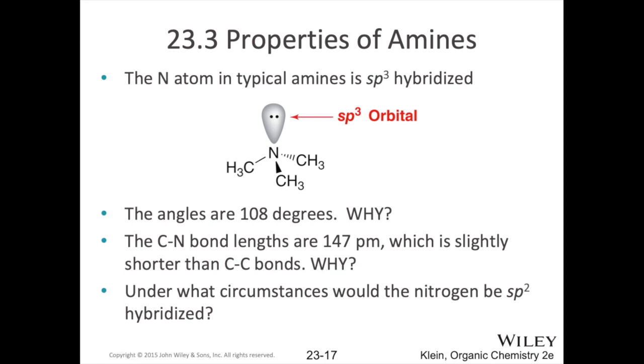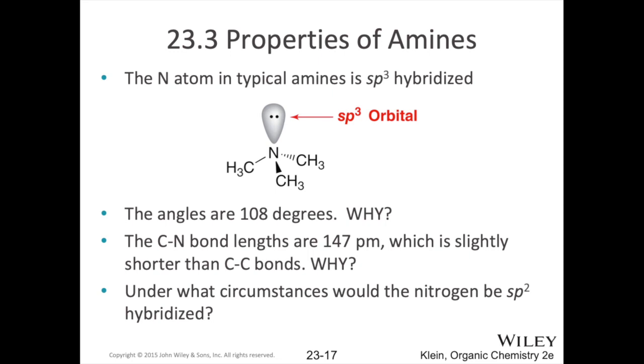Okay, so let's talk a little bit about the properties of amines. We have seen that that nitrogen is trigonal pyramidal. Thing to keep in mind here is we have an sp3 hybridized orbital with that lone pair housed in an sp3 orbital, and so as an sp3 hybridized atom, which has sort of tetrahedral geometry, if you're looking at electron pairs, that bond angle is somewhere in that ballpark of 108, 109 degrees.